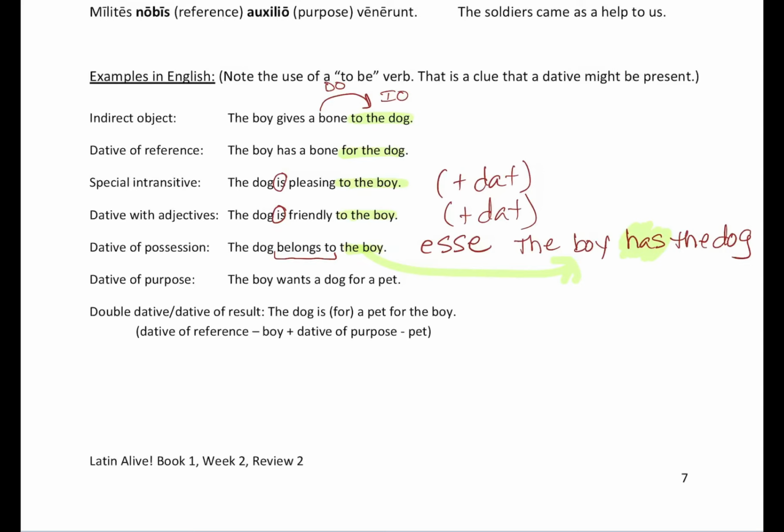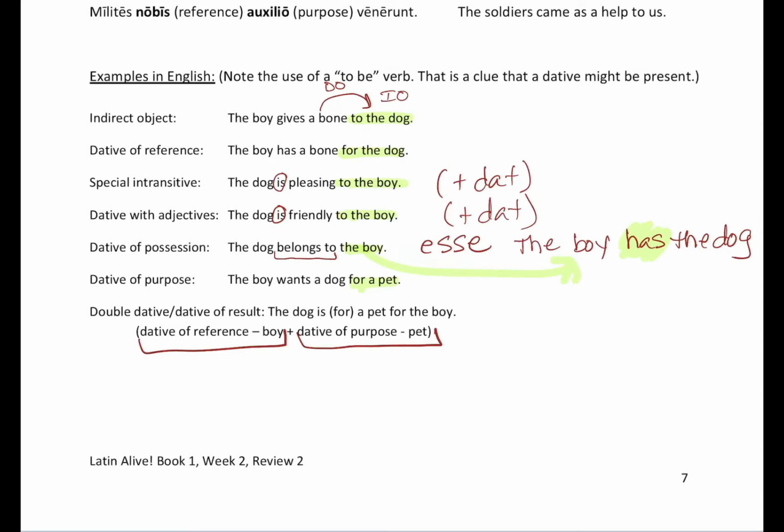Last one is dative of purpose, which is your new one. What is the purpose that something serves? Well, here, for a pet, that would be in the dative, because it tells us what purpose the dog has. The purpose of the dog is for a pet for the boy. And basically a double dative is when you take a dative of reference, which was the boy, and a dative of purpose, which was the pet, and put them together.